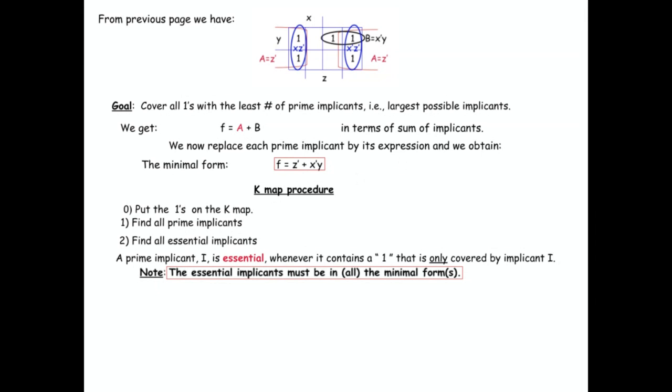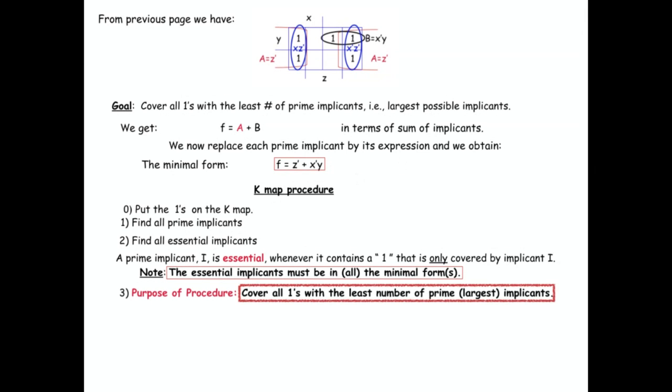So all essential implicants are prime, but not all prime implicants are essential. They are in this case, but there will be other situations where we may have a prime implicant that is not essential.